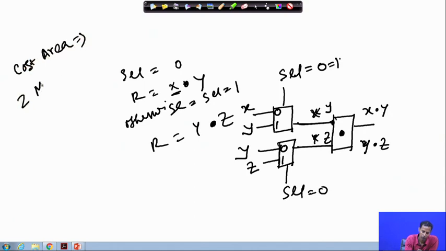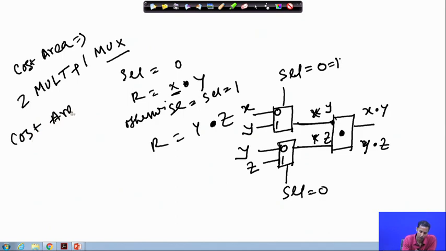I need 2 multipliers plus 1 mux, right. In this particular implementation, what is the cost of area? That is 2 multiplexers plus 1 multiplier.